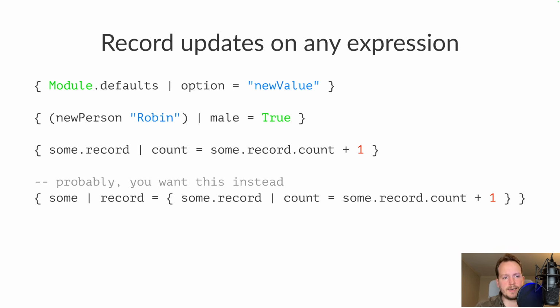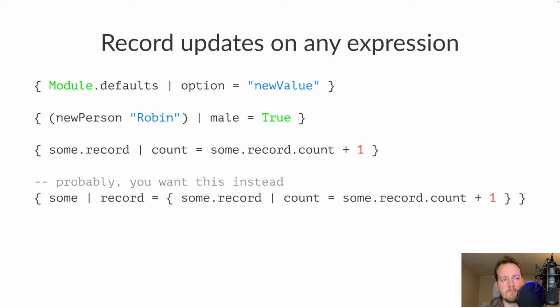Now, the main reason this did not exist in Elm, from my understanding, which could very well be wrong, is the two bottom lines of the slide. If you were to look at the sum.record update expression, you might think that it would update the sum record and sum.record to reflect the new state that you want.